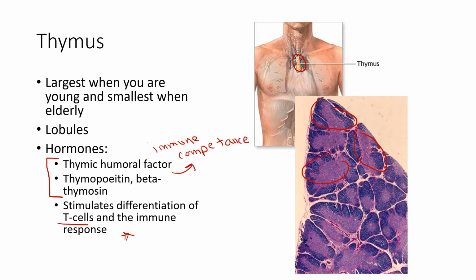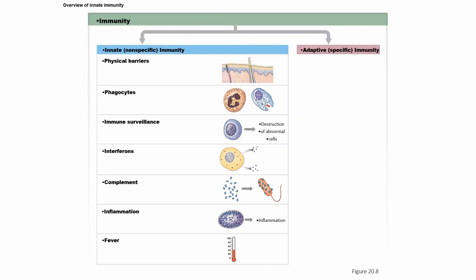All right, so here we have a nice illustration of the immunity. You do have non-specific resistance, which is over on this side, called innate or non-specific immunity. And then you have adaptive or specific immunity.